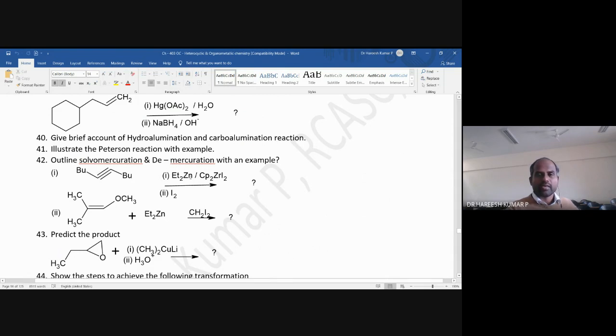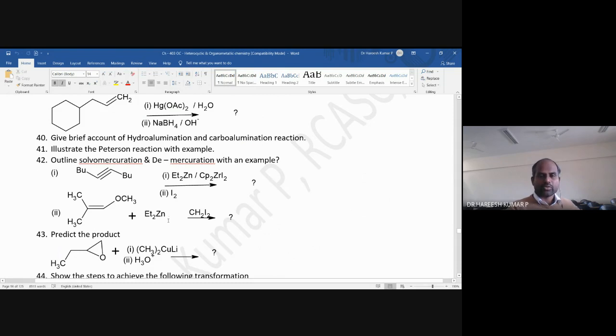I think you are aware about this in the presence of zirconium; stereoselectivity is there. So the obtained compound is a trans compound, that you can write. And here the zinc is replaced with the iodine, so thereby you will get a substituted product.